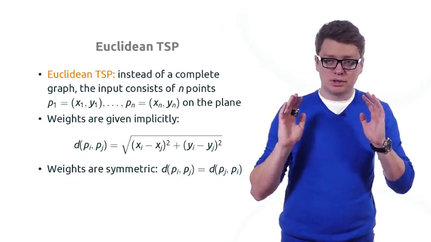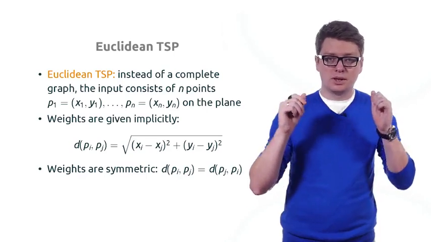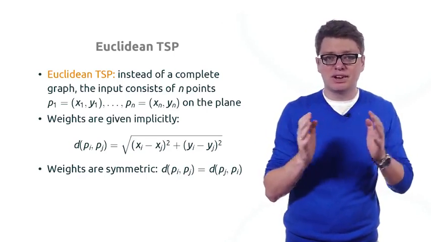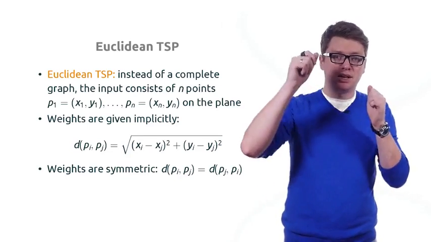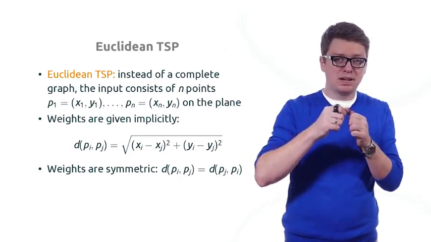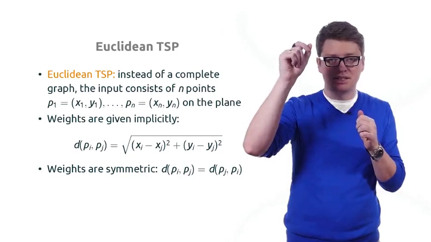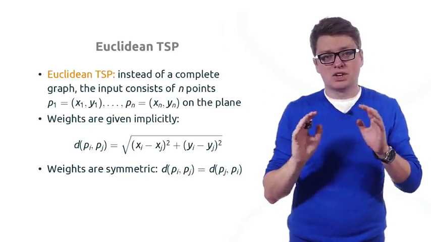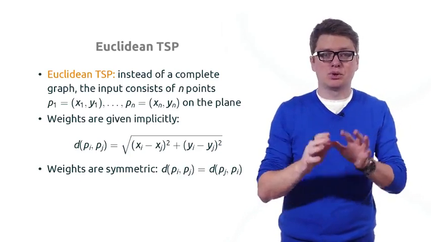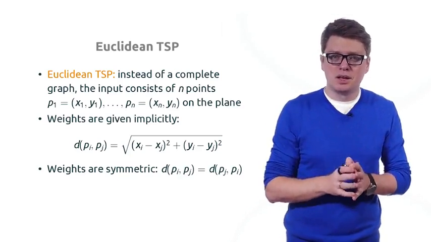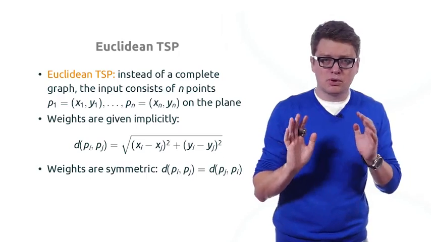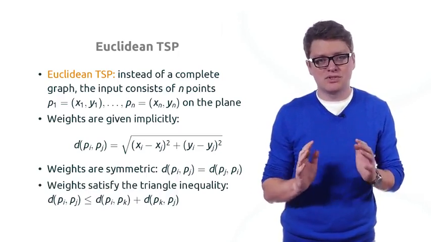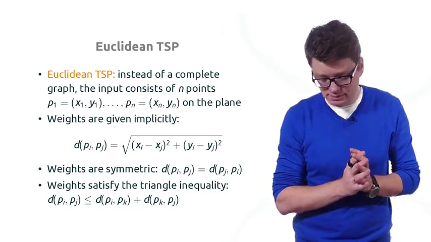And then let me also state some properties. When we're given such an instance, we're essentially given an undirected graph, because the distance from pi to pj is exactly the same as the distance between pj and pi. Put otherwise, the graph in this case is undirected or symmetric. What is also important about this special case is that the weights satisfy the triangle inequality.